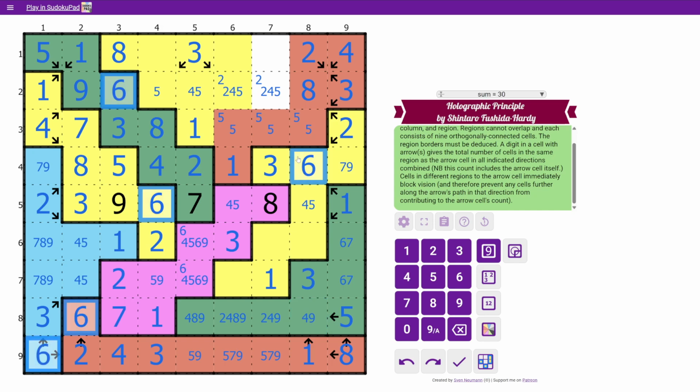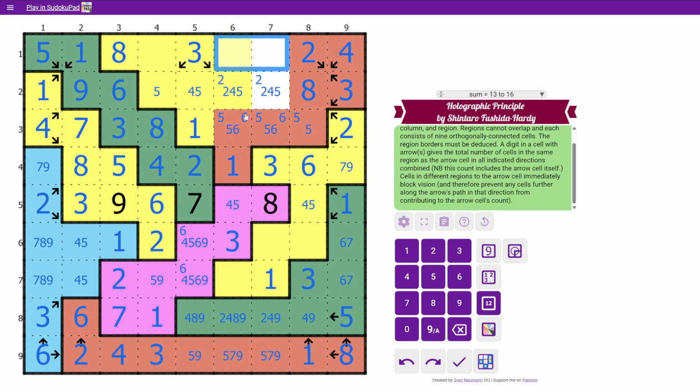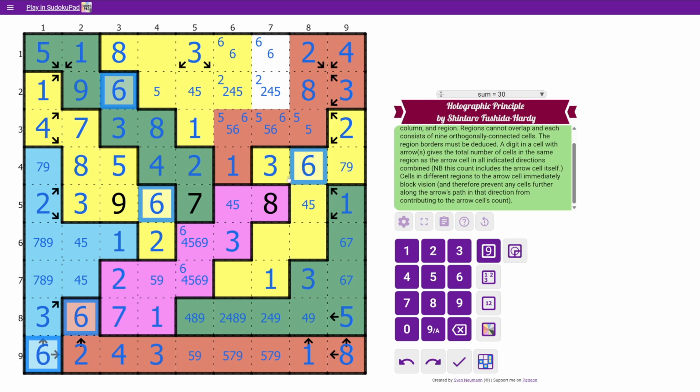Now 6s. There'll be a 6 in one of these, and there'll be a 6 in one of these. It's gonna be 5, 7, or 9.